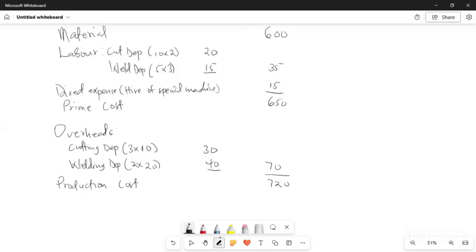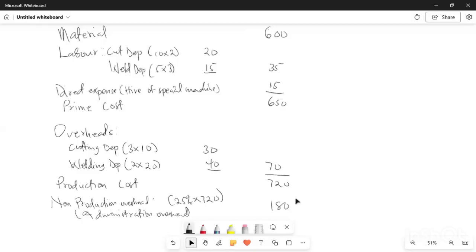And when you read further, they said administration overhead is to be 25% of the cost of production. So now the cost of production is 720, and they're saying that was a non-production overhead, which is the administration overhead. It is 25% of the 720. So you find 25% of 720, which is 180.